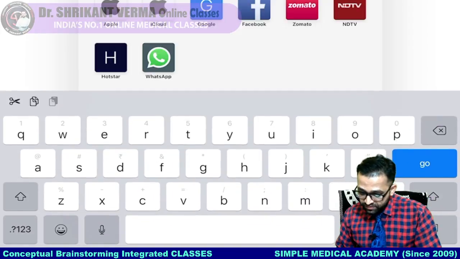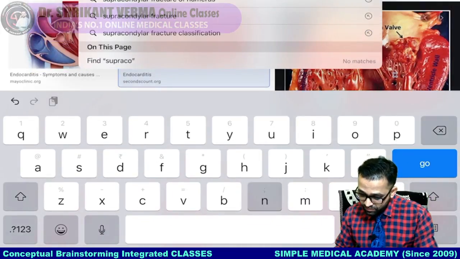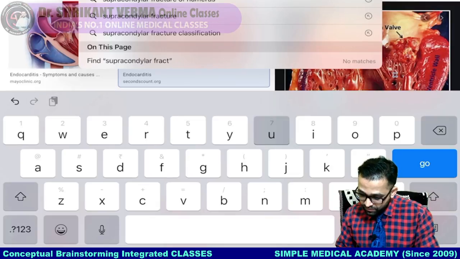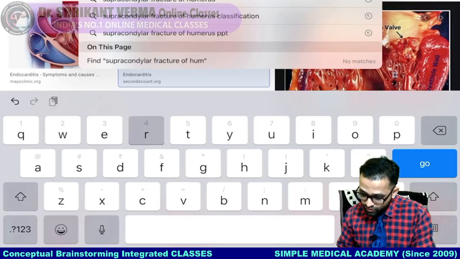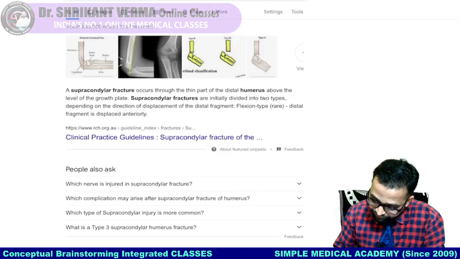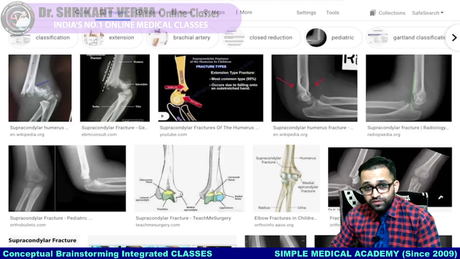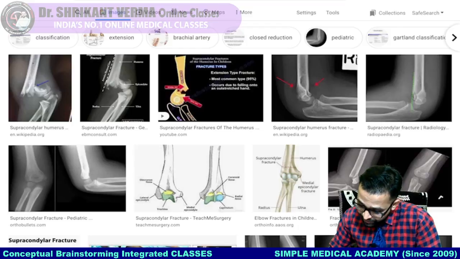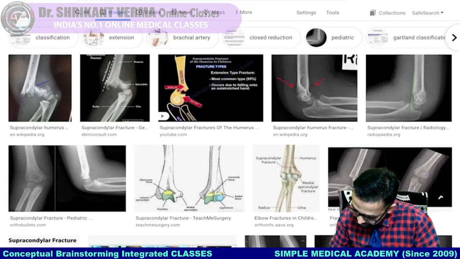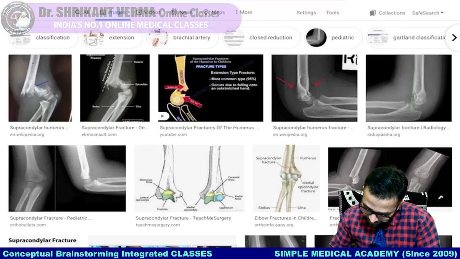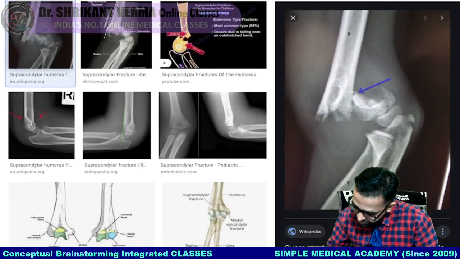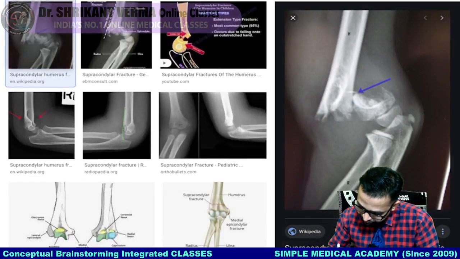So remember, there is supracondylar fracture of the humerus. This supracondylar fracture of the humerus can disturb the anatomy of our, yes, elbow joint.